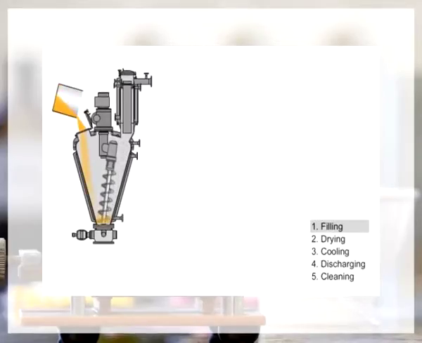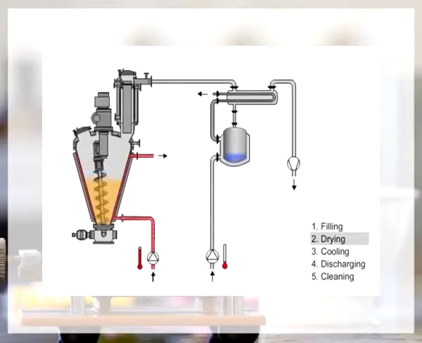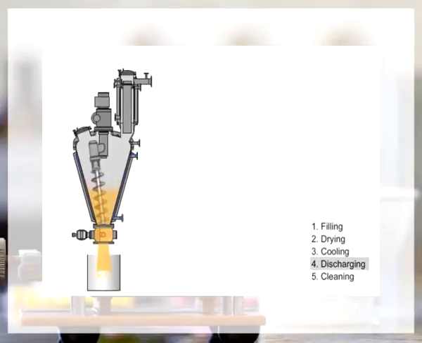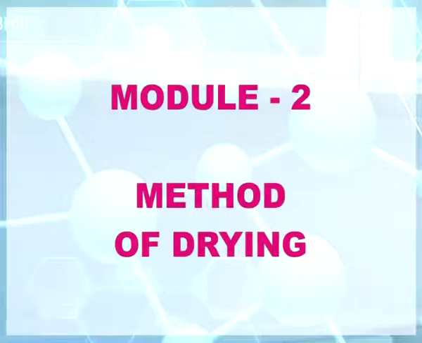Drying is possible when the environment is unsaturated with water vapor, hence humidity is an important determinant for drying of solids. The drying process is carried out with the help of equipment called a dryer. There are several types of dryers based on different mechanisms.